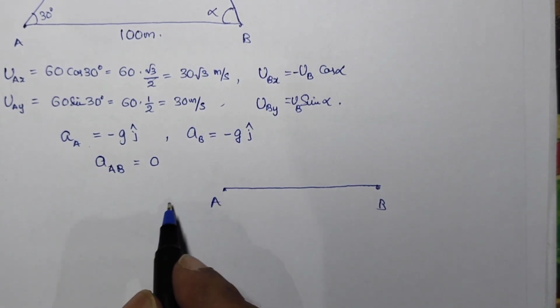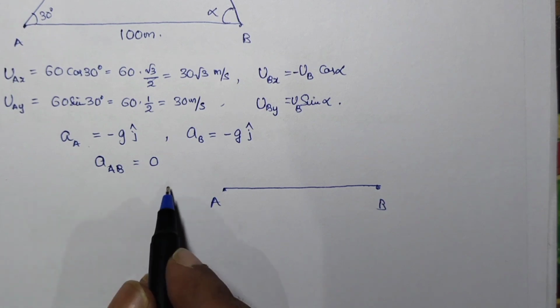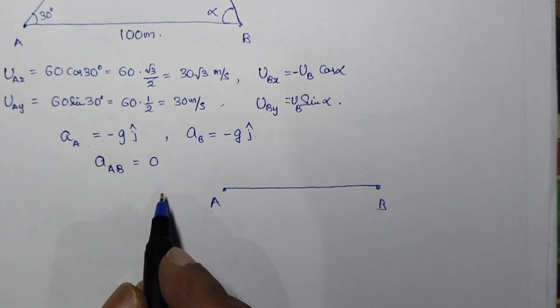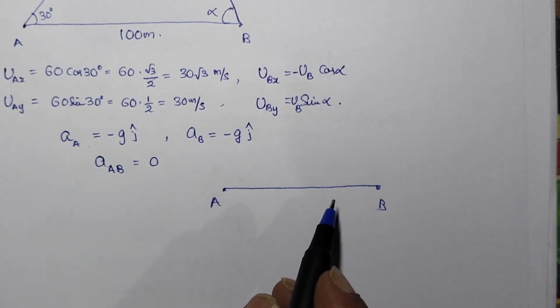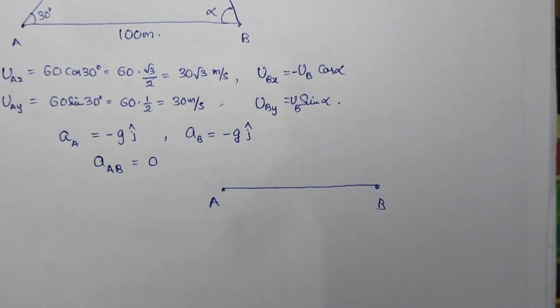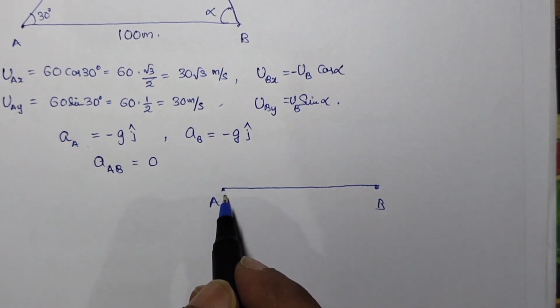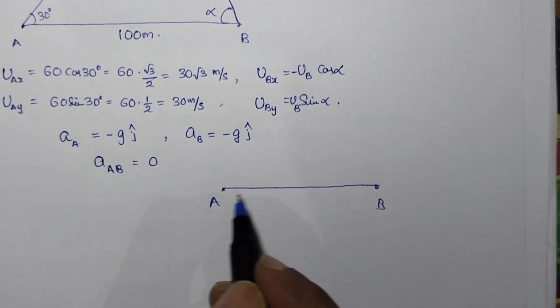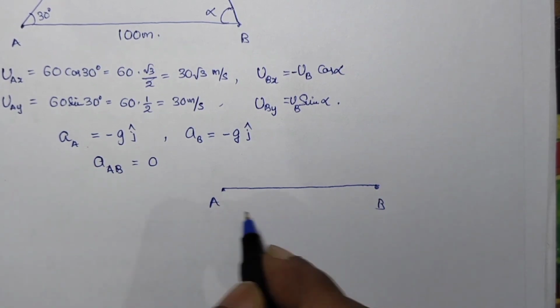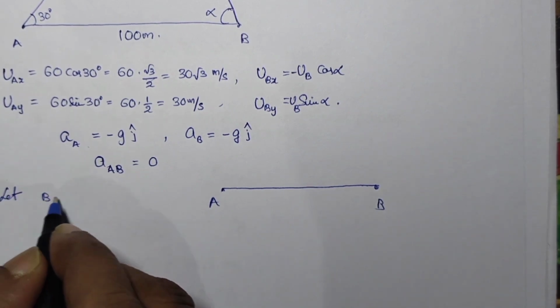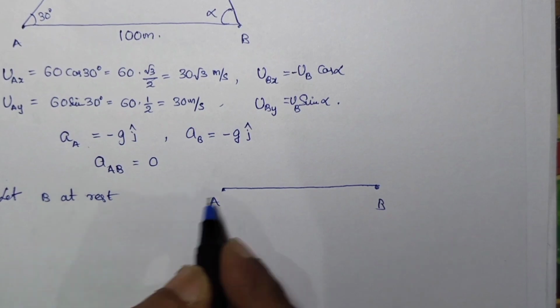The relative acceleration between these two is 0, so the relative motion between the two is uniform. Let us talk about the relative motion of A and B. Let B be at rest, and consider A.